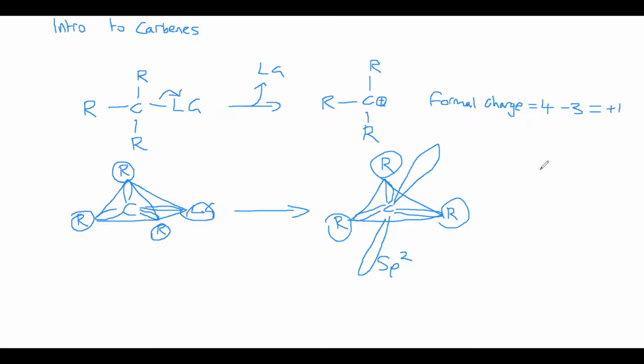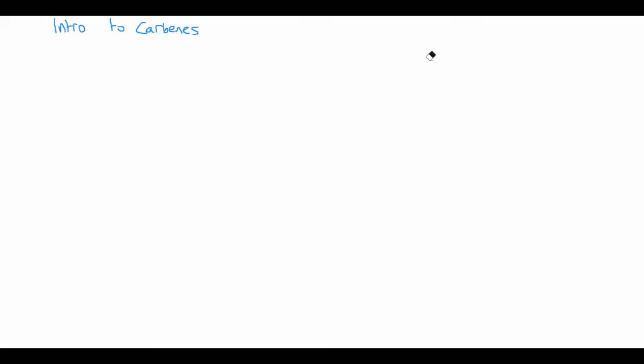Now, if a nucleophile was to attack this carbocation, it could attack from above the plane or it could attack from below the plane. Another reactive intermediate that we can get is a radical.